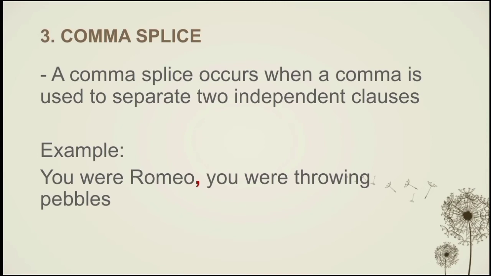While comma splice is a kind of run-on sentence, which is yung dalawang independent clause ay pinagdugtong sa pamamagitan ng comma pero mali yung pagkakagamit. So take a look at the example. You were Romeo, comma, you were throwing pebbles. So yung ganyang pagkakagawa pala is mali.